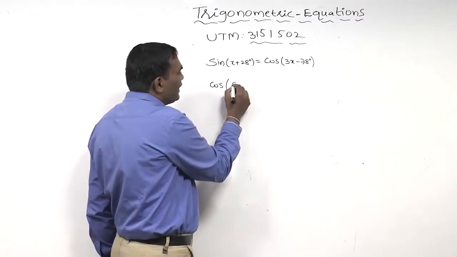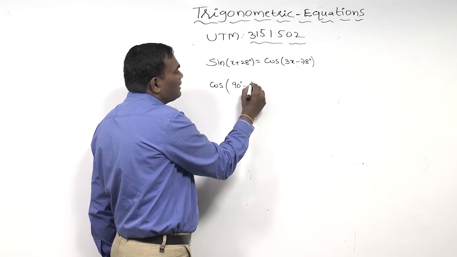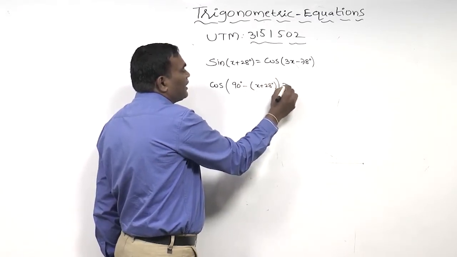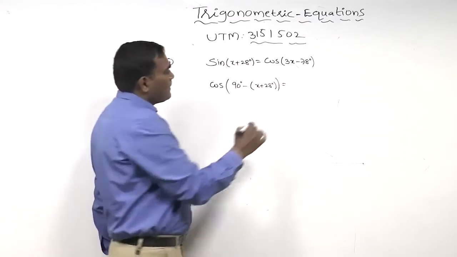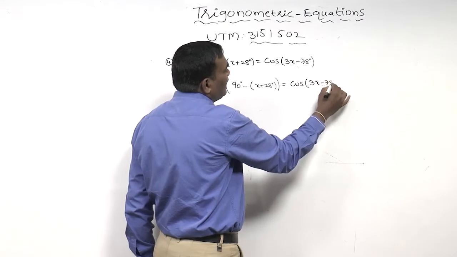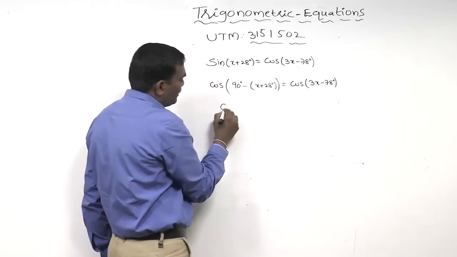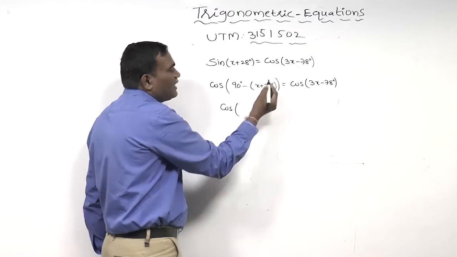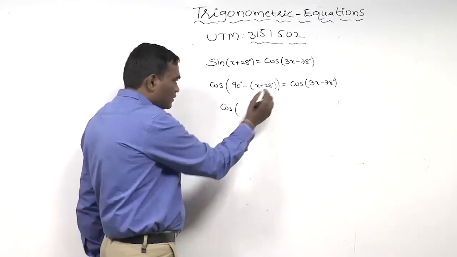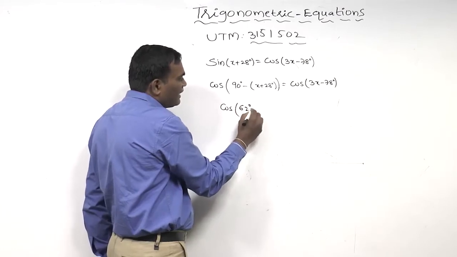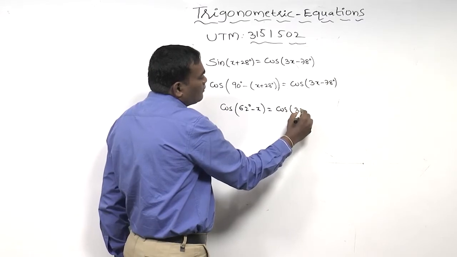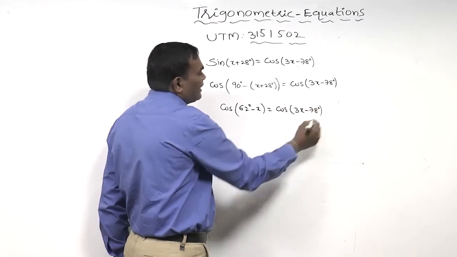We can write cos of (90 minus theta), which is sin theta only. So cos of (90 minus (x + 28)) equals cos of (3x − 78 degrees). Now 90 minus 28, that is how much? 62. So cos of (62 − x) is equal to cos of (3x − 78 degrees).